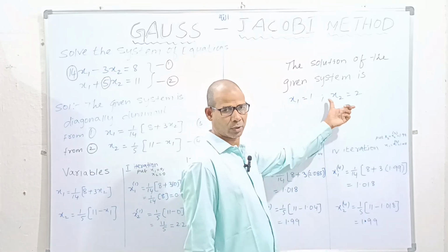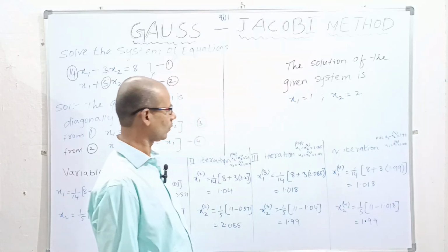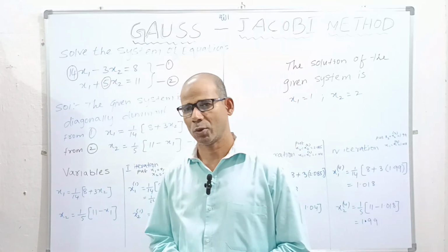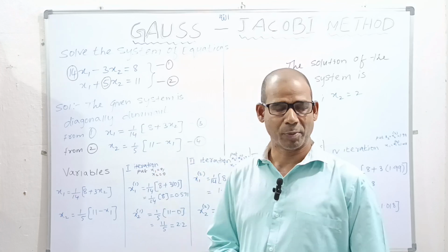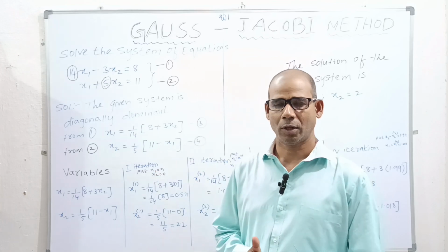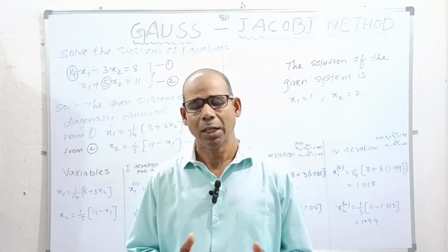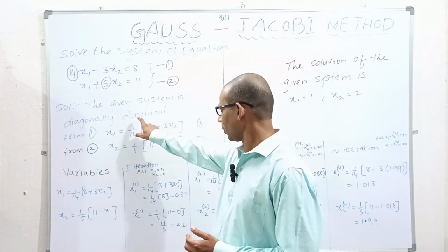These values are rounded. So that is the procedure for solving the system of equations by using the Gauss-Jacobi method. We will use this method to solve the system of equations which are diagonally dominant.